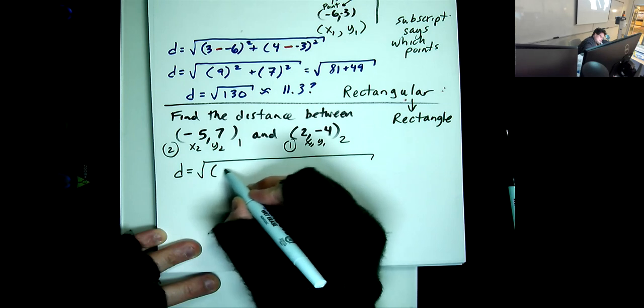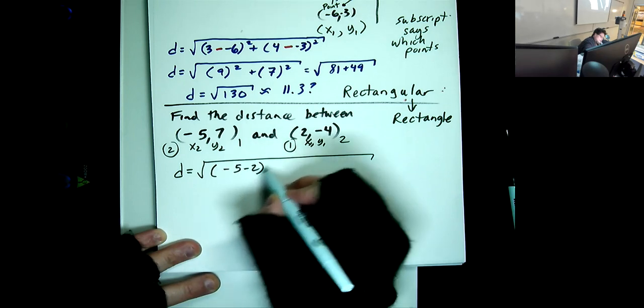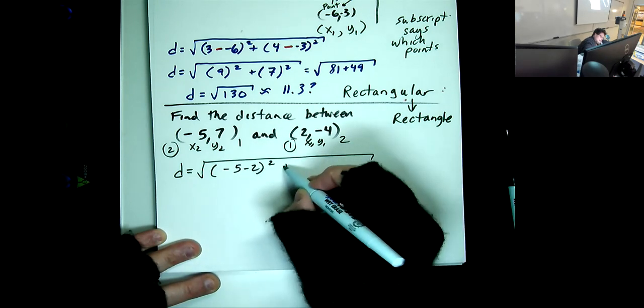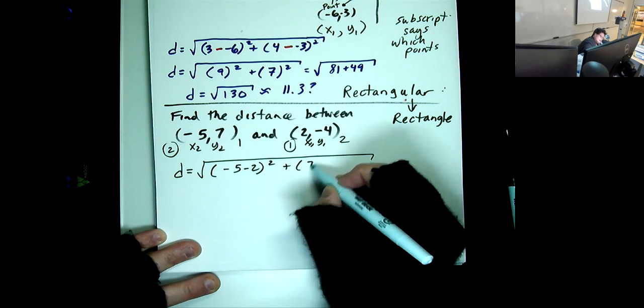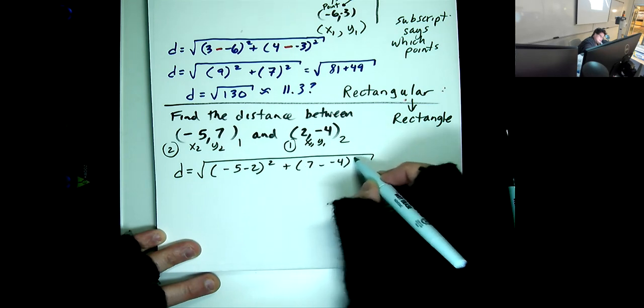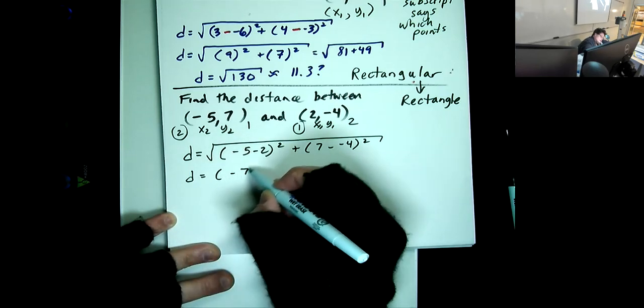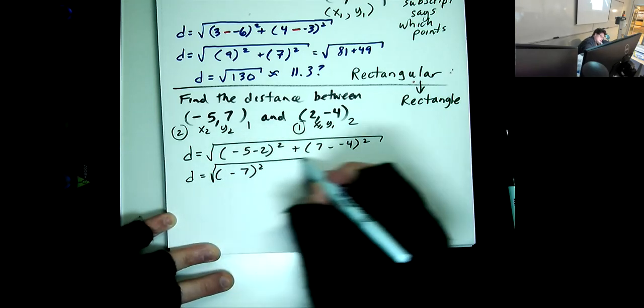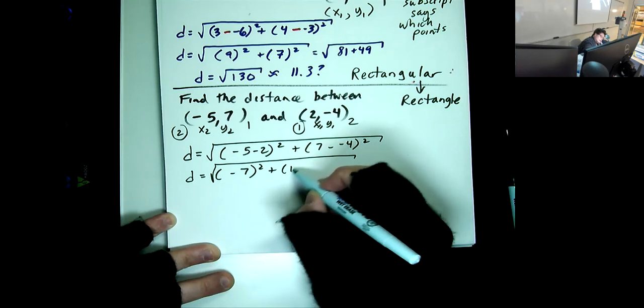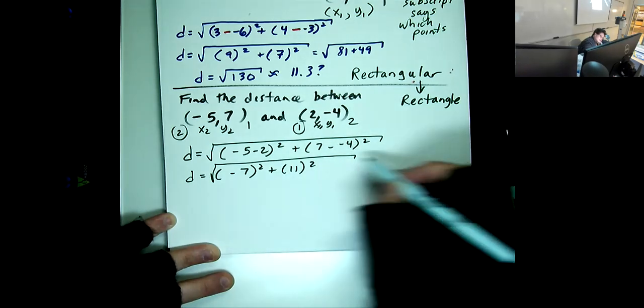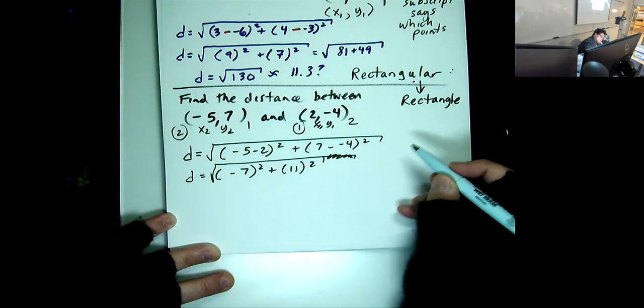x2 minus x1 is -5 minus 2, squared. y2 minus y1 is 7 minus -4, squared. I get -7 squared plus 11 squared. I guess I made that a little bit long right there.